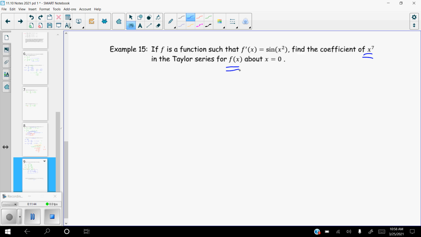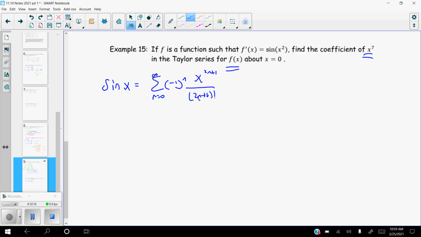Taking the antiderivative of sine of x squared, again, is not an easy thing to do by hand. So we're going to create a power series. So let's start off with, well, we know what the power series for sine of x is. N equals 0 to infinity, negative 1 to the n of x to the 2n plus 1 over 2n plus 1 factorial.